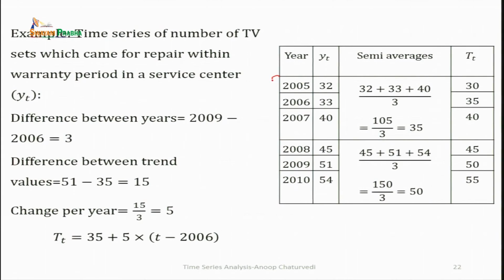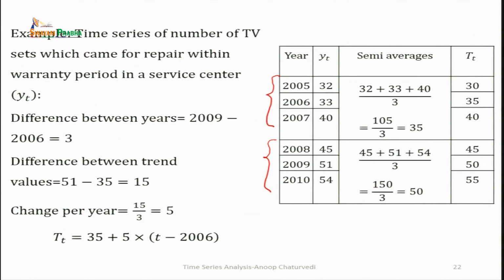You have first 3 observations, last 3 observations. These are the figures of first 3 observations. So, you simply take the average of first 3 observations, which is 32 plus 33 plus 40 by 3, or simply 35. Then the average of last 3 observations is 50.